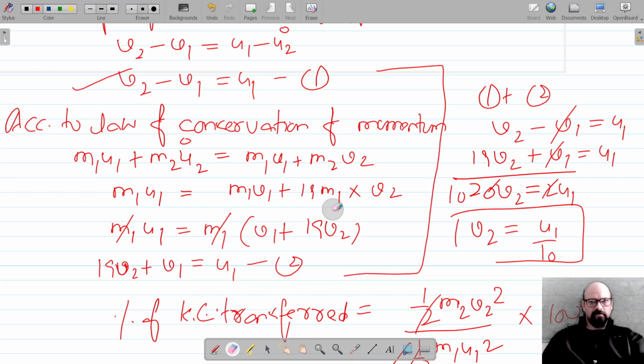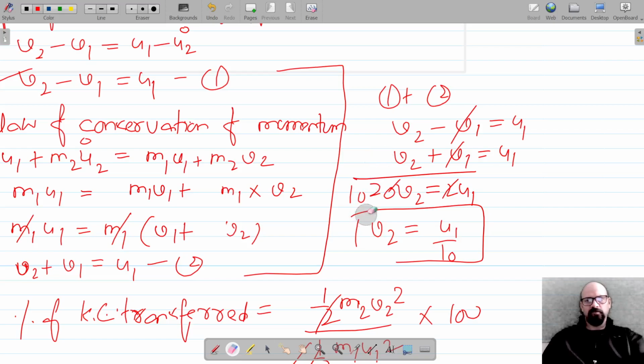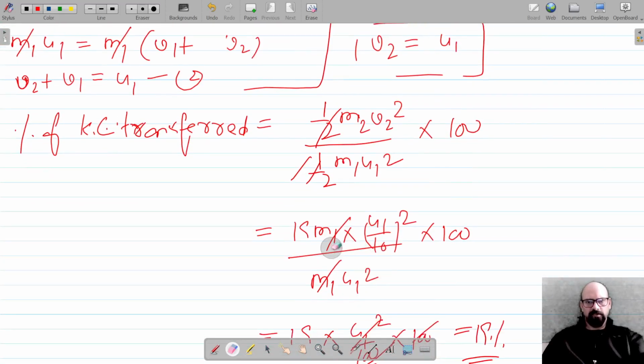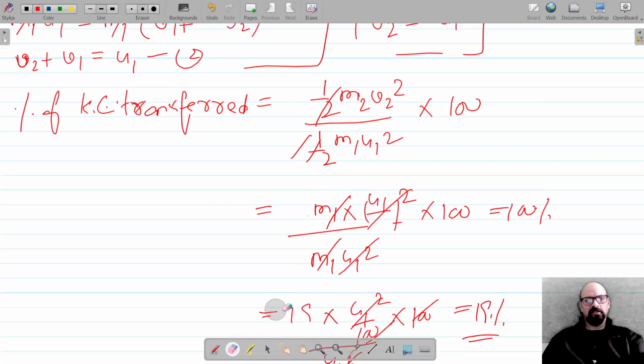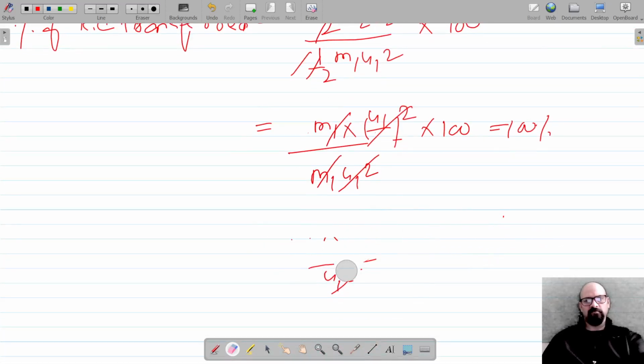And now it's m1 times v1 plus v2, so v2 plus v1 is equal to u1. Adding, v1 gets cancelled and we get 2 v2 equals 2 u1, so v2 is equal to u1. Here it's m1 and this is just u1 square, so u1 square gets cancelled. In the second case, 100% of the kinetic energy is transferred to the second body.